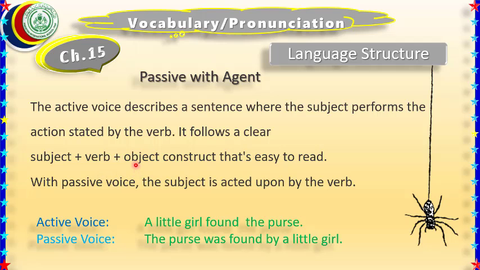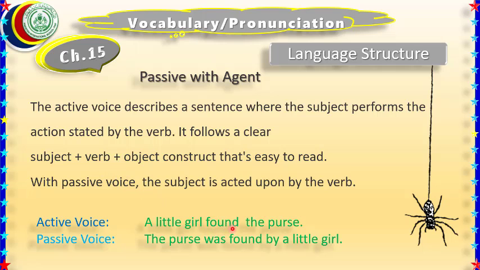In an active voice sentence, first of all, there will be a subject. As you can see here, a little girl is the subject of the sentence which is mentioned here. In an active voice sentence, after the subject, there will be a verb.